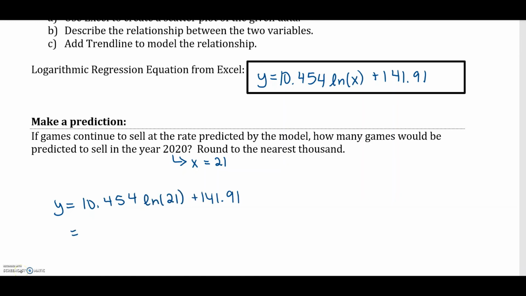We find that our prediction would be 173.737436. Therefore, we could assume that if our model is accurate and is maintained to the year 2021, we would expect there to be approximately 174,000 video games sold.